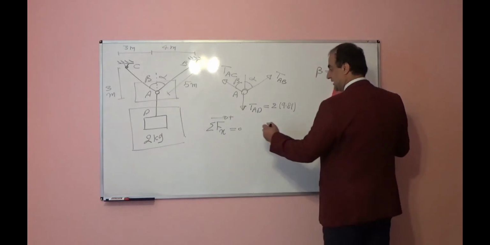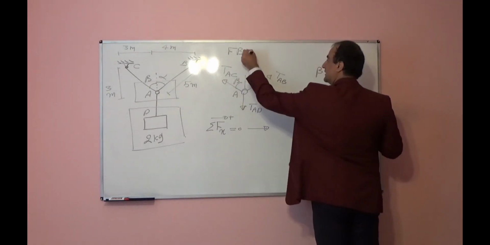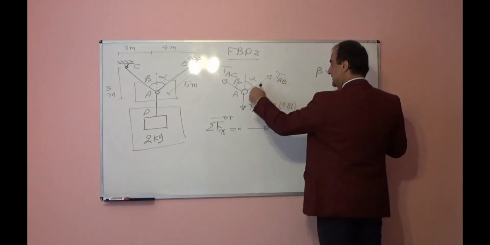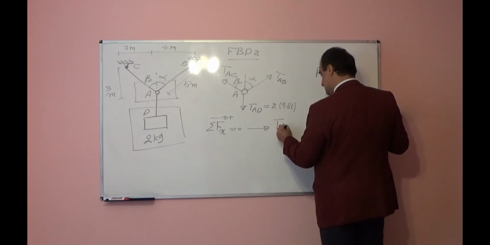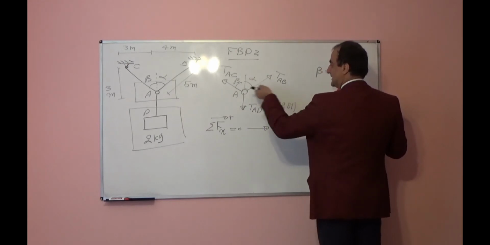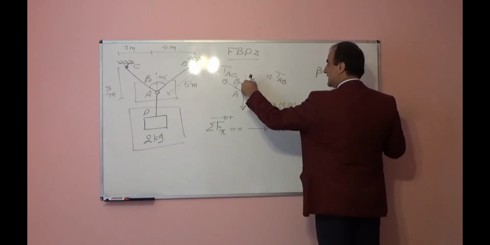So in this free body diagram number 2, if I decompose T_AB in the x direction, it will be T_AB sine alpha.